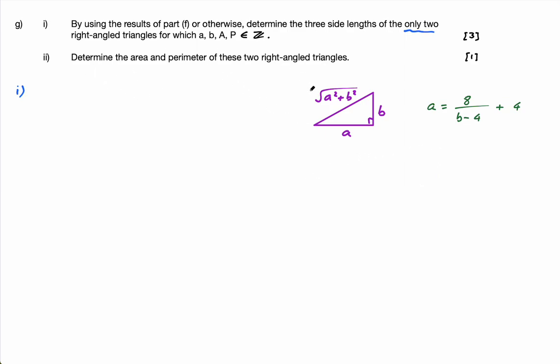Anyway, in order for A to be an integer, B minus 4 has to divide 8.